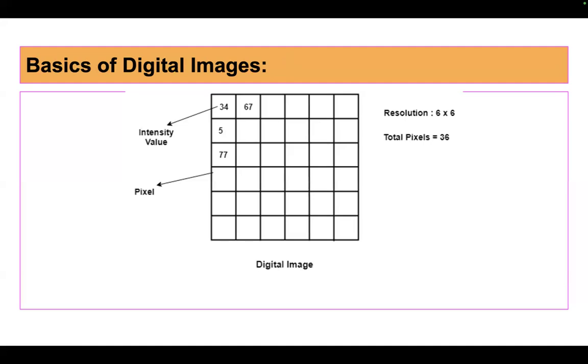See, first stage is the image acquisition phase. Right now light is coming and hitting me, and I have taken one, suppose, analog image, right? I convert it into a digital image.